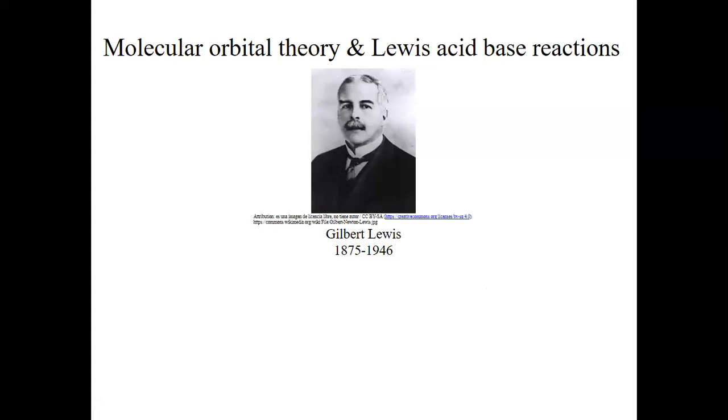That's the Lewis acid and base concept, and I will present that Lewis acid and base concept from the perspective of molecular orbital theory. And then we will talk about another concept in more detail, which is the hard and soft acid and base concept. So first of all, a brief review of the Lewis acid and base concept.